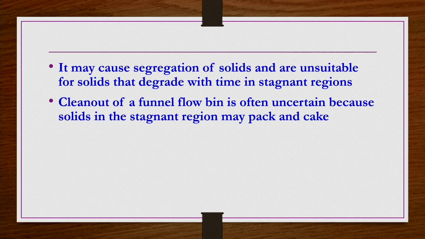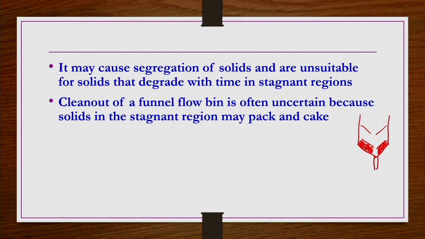Another disadvantage is that cleanout of a funnel flow bin is often uncertain, because solids in the stagnant region may pack and cake. Whatever material is on the hopper walls forms a kind of stagnant layer, and over time it may become packed because of compaction, and may have cake formation, especially if you have a cohesive material of very small size.